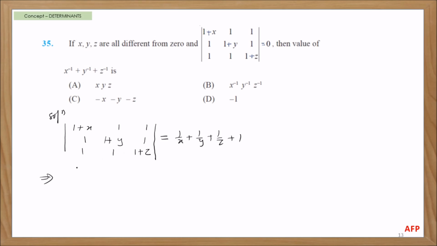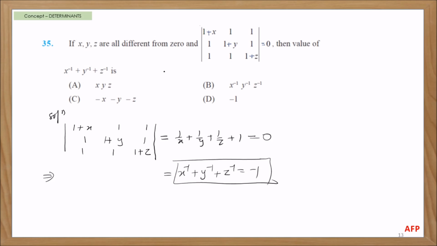Okay, its value, the standard problem is there in NCERT. And they said it is equal to 0. This implies x raised to 1 is equal to minus 1 you will get. So this is the simplified answer we are having. So what is the value of this? Nothing but minus 1 is the answer.